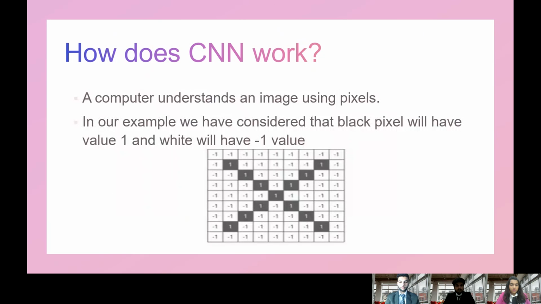How does CNN work? A computer understands an image using pixels, using a number at each pixel. So whatever white pixel we have, we assign a value of -1 to it, and for a black pixel we assign a value of 1.